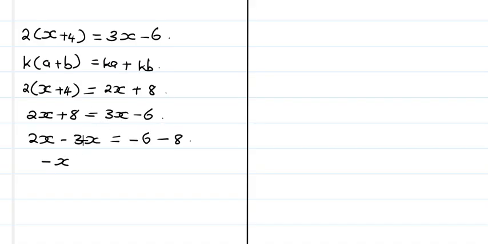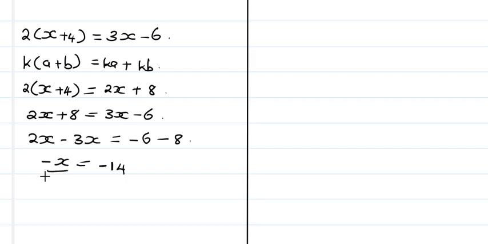It's the same as saying 3 minus 2 gives 1, but now you have a negative. That is equal to negative 6 minus 8, which will be negative 14. It's the same as saying 6 plus 8, which is 14, but now because it was negative, you add a negative here.